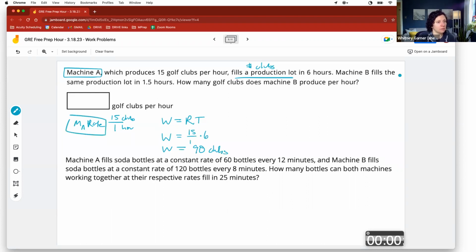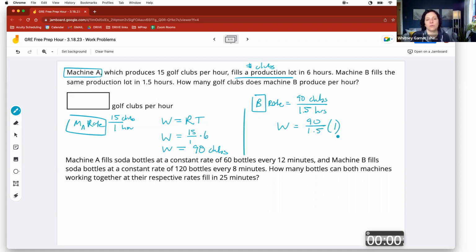Machine B fills that same amount. So now I need a new formula. This is for B. B's rate is 90 clubs every 1.5 hours. So I'm going to plug that in. How many golf clubs? That's an amount of work equals 90 over 1.5 every 1 hour. Now you've got a calculator.